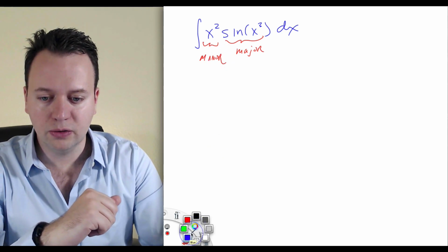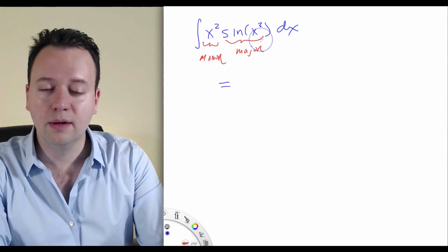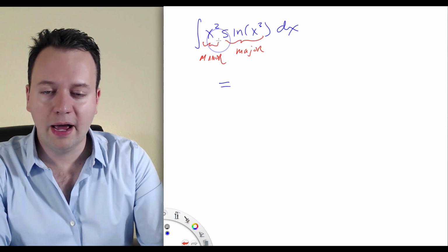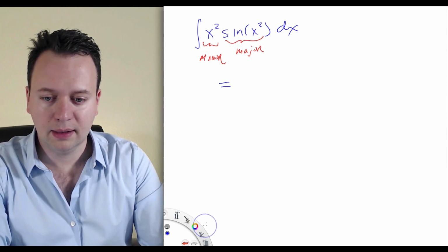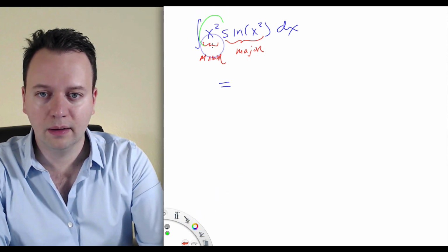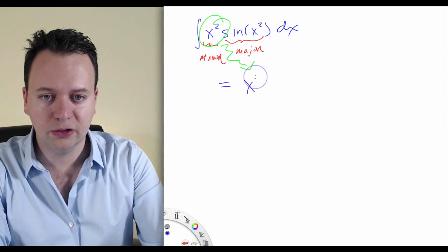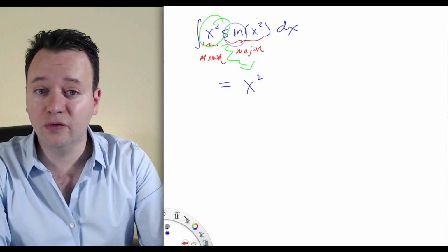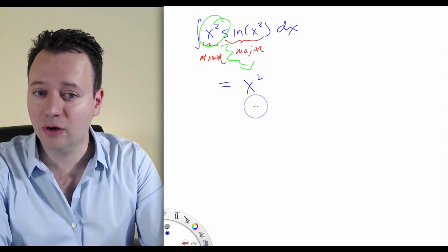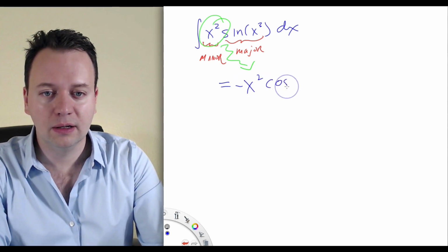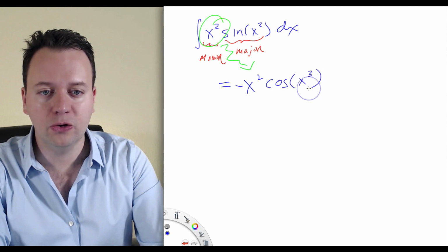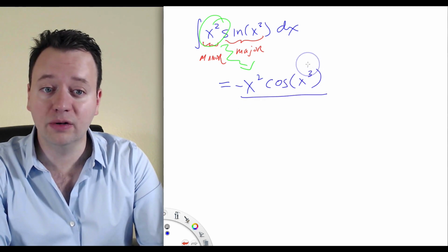So this whole integral is going to equal, the minor gets carried along for the ride, so we just get x squared. The integral of sine is negative cosine, so we get minus cosine of x cubed, and then we divide by the derivative of the inside.